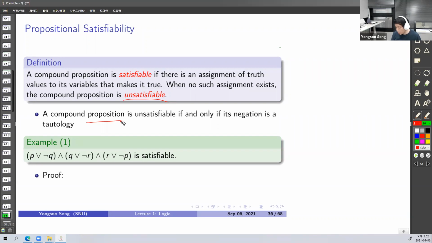So let's see one example here. The following compound proposition is satisfiable.